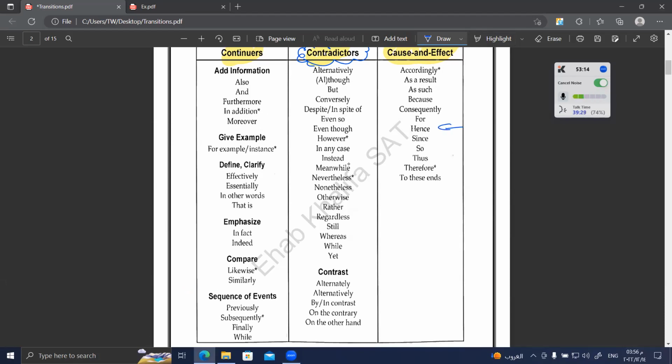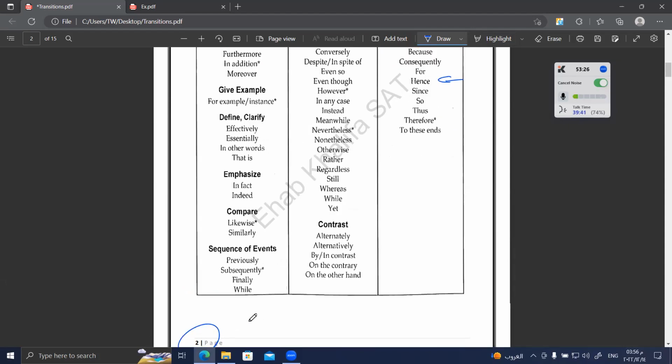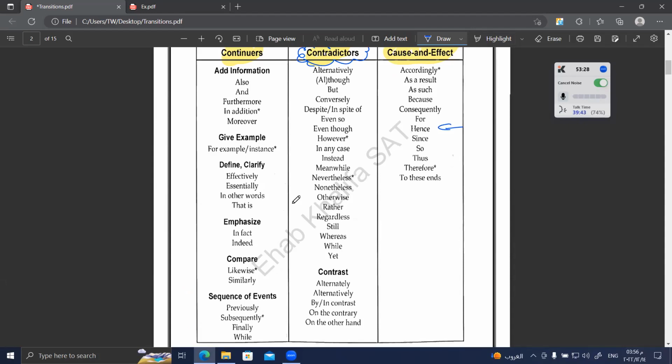Hence, you say it is cause and effect. In other words, you say it is a continuum. I give you now 5 minutes, guys, to do this task. Study page 2 now. And still, guys, you can go back to this page whenever needed, as I told you at the beginning of the class.